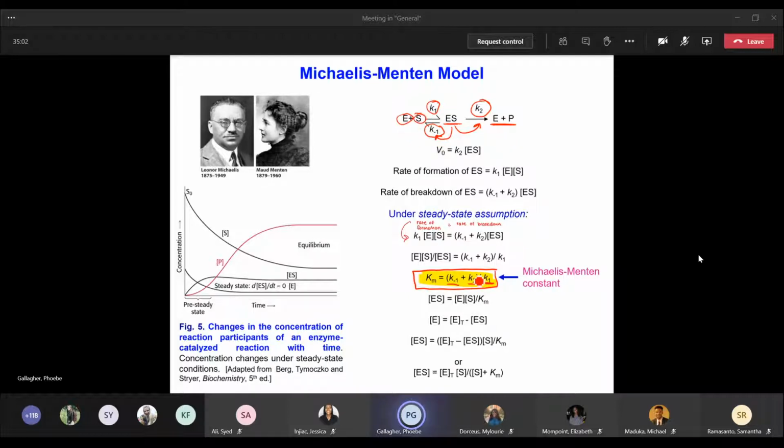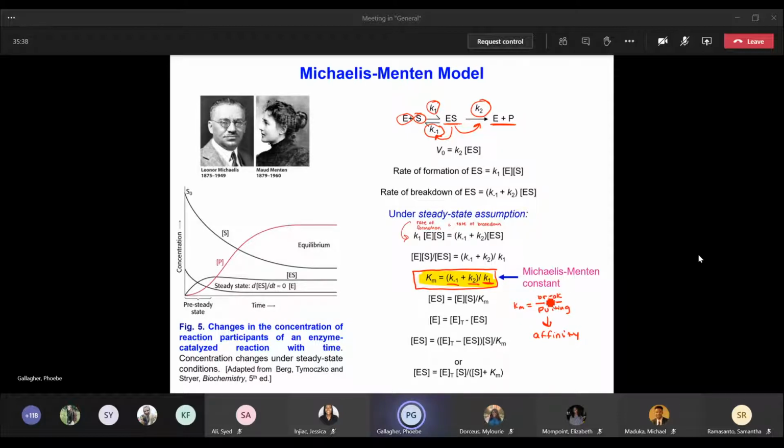So essentially what Km is showing you is that it's equal to the breakdown of the complex over the putting it together. So you have the breakdown constant over the association constant, so putting it back together, you're going to have a number that's going to tell you essentially the affinity of the enzyme for the substrate.